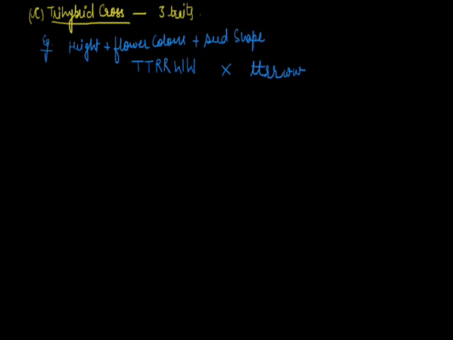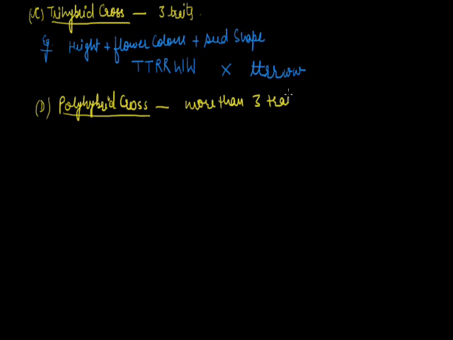And if I study more than three characteristic features, then this is included as a polyhybrid cross. If we are taking more than three characteristics, it can be categorized like this.